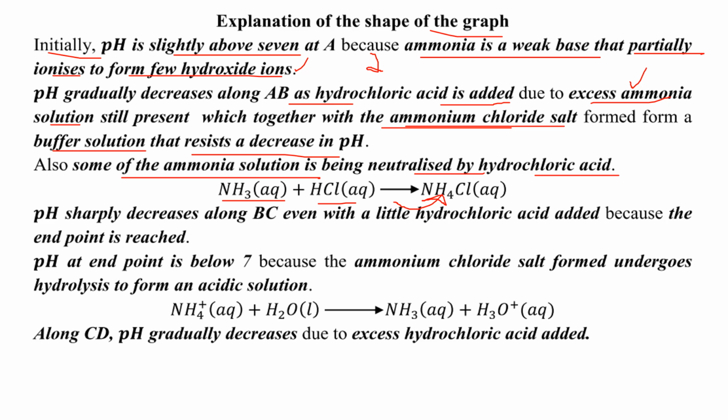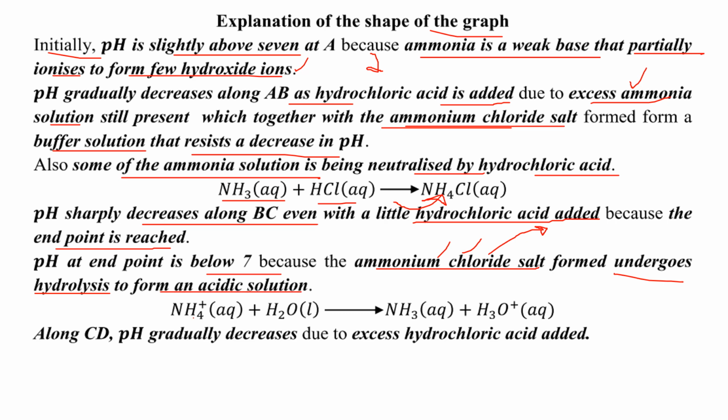Now pH decreases sharply along BC, even with the addition of hydrochloric acid. First of all, this is because the endpoint neutralization has happened and the endpoint has been reached. And pH at the endpoint is below 7, the reason being that the ammonium chloride salt formed is first of all a strong electrolyte, so it fully ionizes to form ammonium ions and chloride ions. And the ammonium ions formed undergo what we call cationic hydrolysis, or simply hydrolysis, to form an acidic solution.